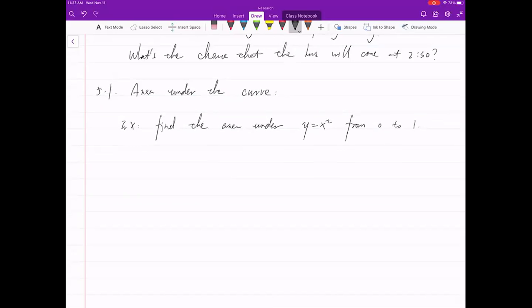How do you do that? That's the area here.